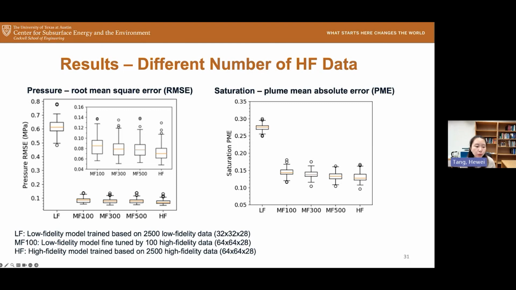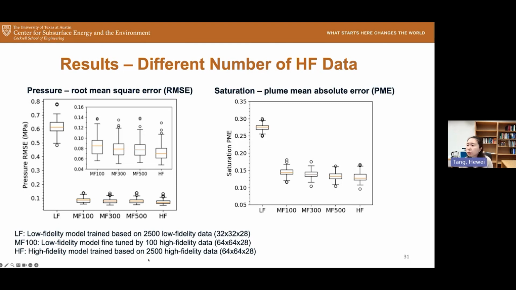And so here I try to fine-tune it with 100, 300 and 500 high fidelity data. And we can find that amazingly, even with just 100 high fidelity data to fine-tune this model, we can get model predictions almost as accurate as those high fidelity models trained based on 2,500 high fidelity data.